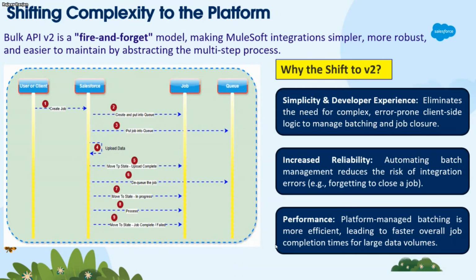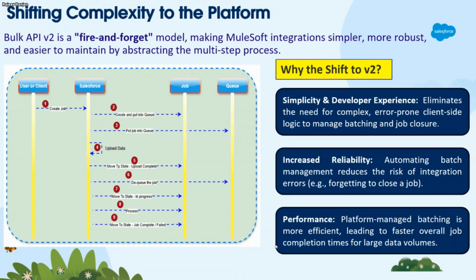The Bulk API is a fire-and-forget model, and the purpose of using it is that we are shifting the complexity to the platform. We are not keeping the complexity in our client code. All these batches, and how to handle PK chunking, everything is taken care of by the Salesforce platform. We make our client calls very few.